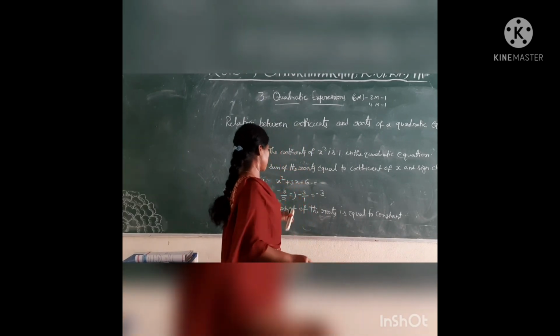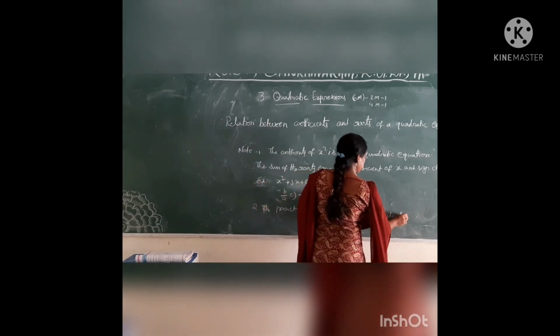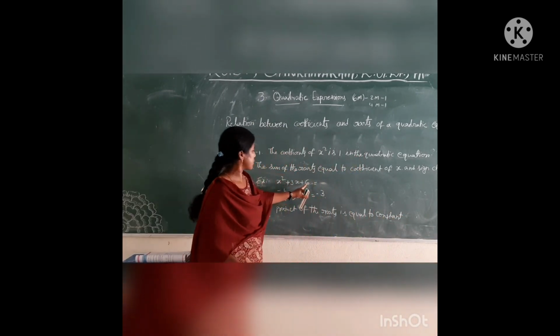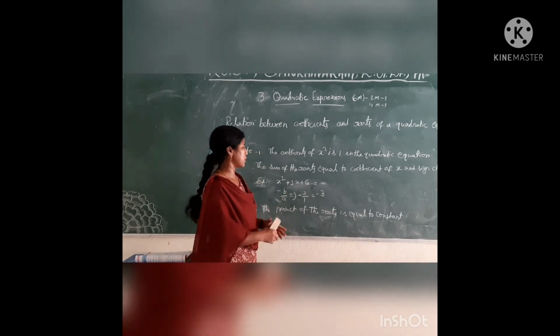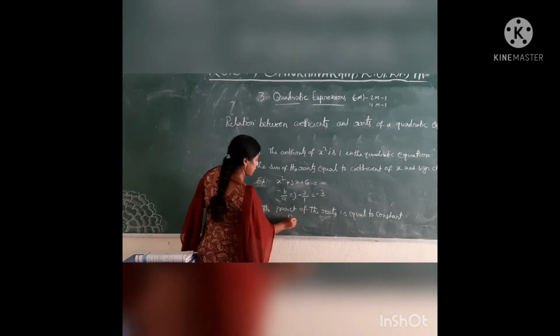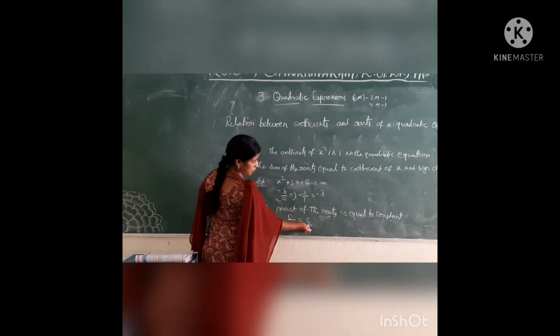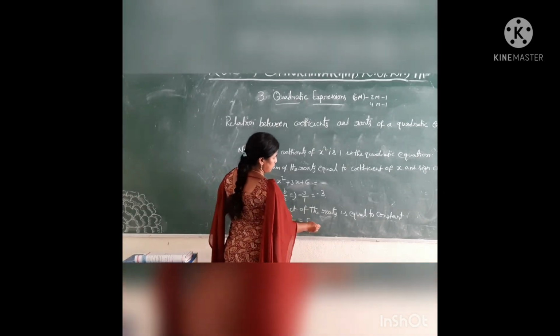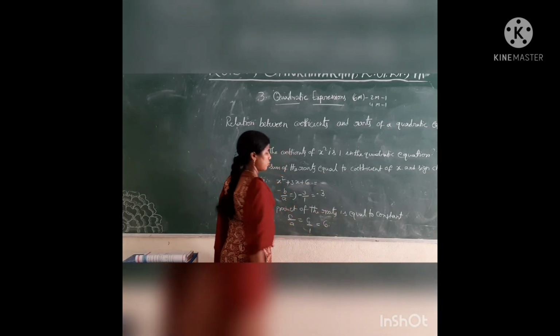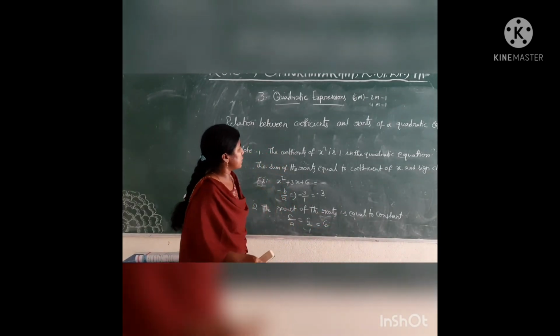Okay, constant means here 6. For example, in this equation the constant is 6. The general formula is c by a, so we get 6 by 1. The denominator is 1, so we get no change in value. That's why we can write 6. Okay, understand? Both are conditions.